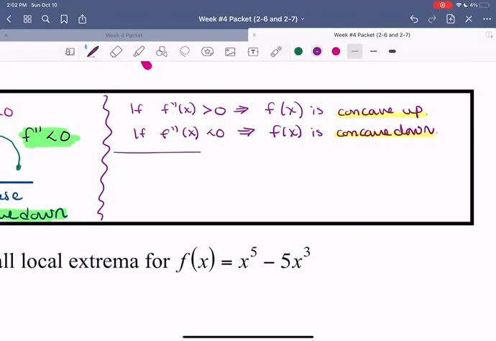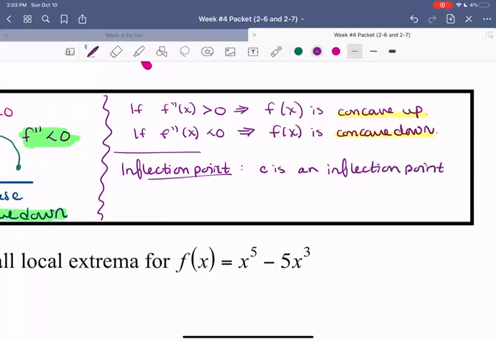So I'll write that down here. So an inflection point happens where our second derivative is 0. So I'll say, similar to the language of a critical value, c is an inflection point.